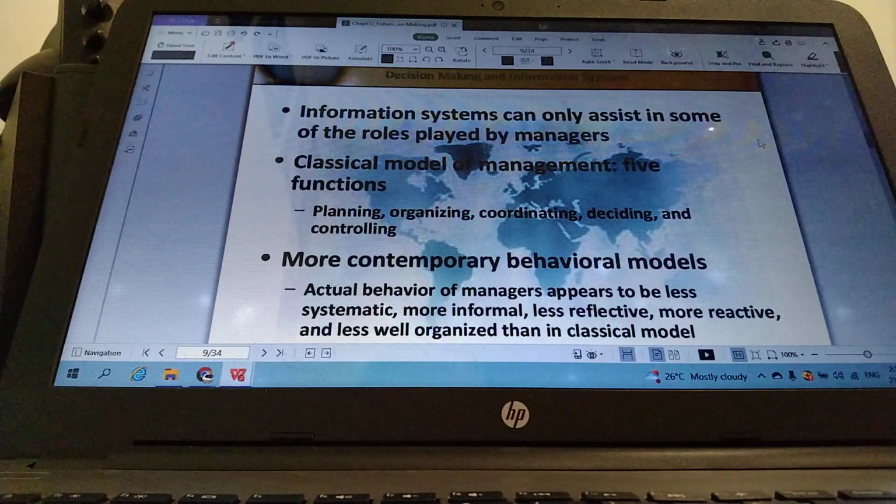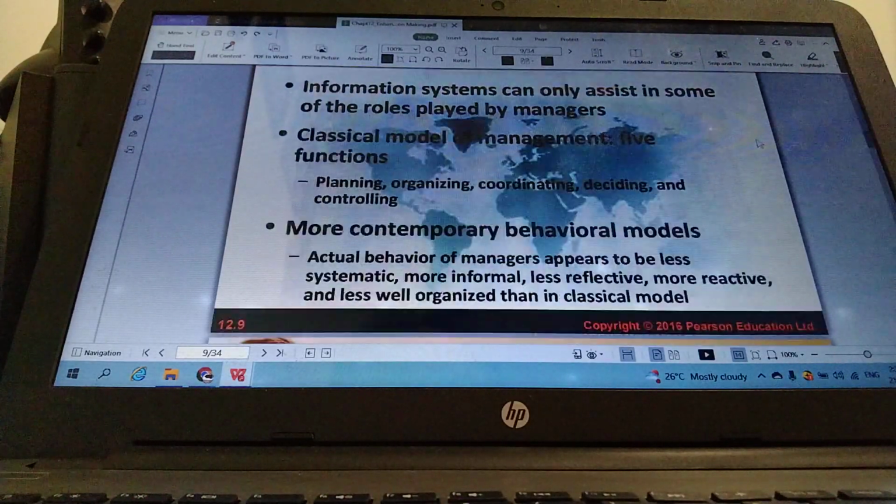So from experience we know, model is one thing, like for example the classical model, where it tells you these are the 5 functions of the management, but when it comes to reality, to practicality, the actual behavior of the managers definitely will be different from one individual to the other, which they claim to be less systematic, less structured, more informal, less reflective, less feedback or responses, more reactive, and less well organized, compared to the 5 functions as stated in the classical model of management. That is the reality that we need to know.